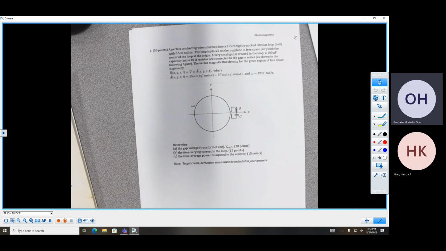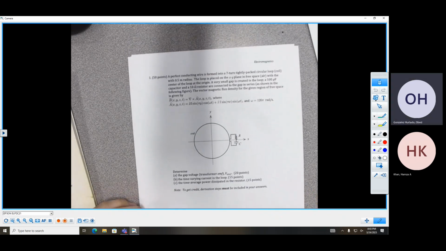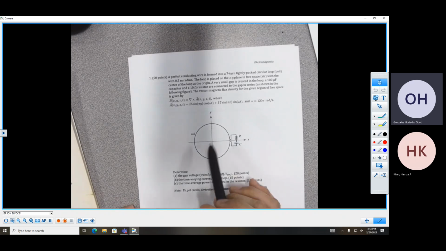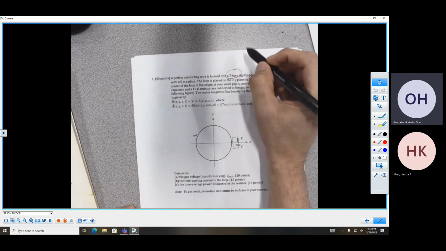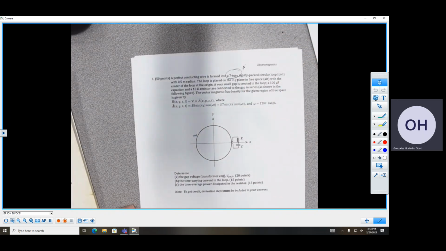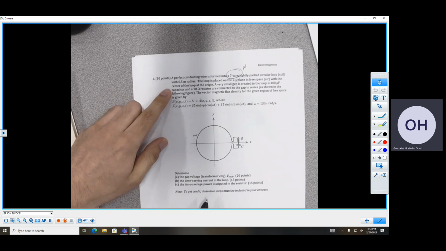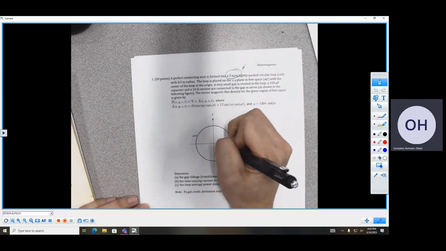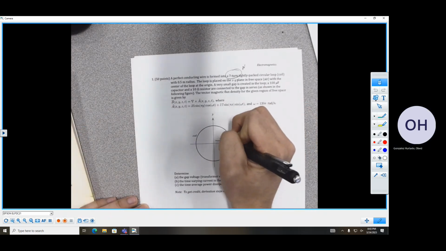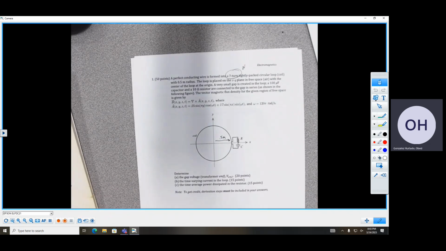Trying to pull up my little notes. Okay, so we're given a wire that has been turned 7 times, so it has 7 turns. So that's our N, with the radius of 0.5. It's in the xy plane, free space.